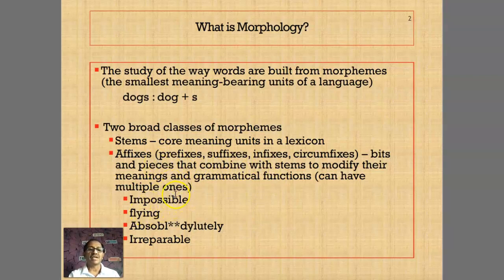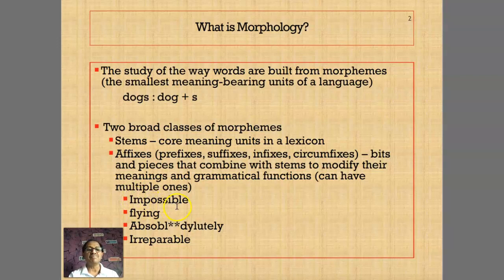So let's look at some words. Impossible. Impossible has 2 morphemes. Im is a negative morpheme, and possible is another morpheme. Here, possible is an adjective, im is a negative prefix.